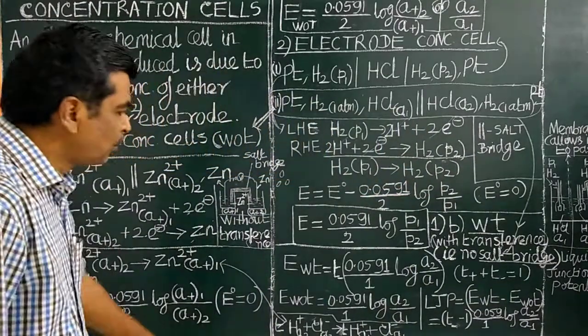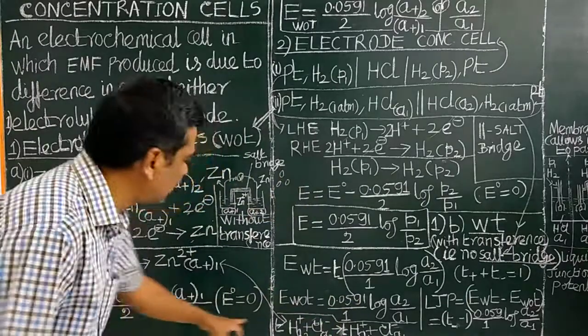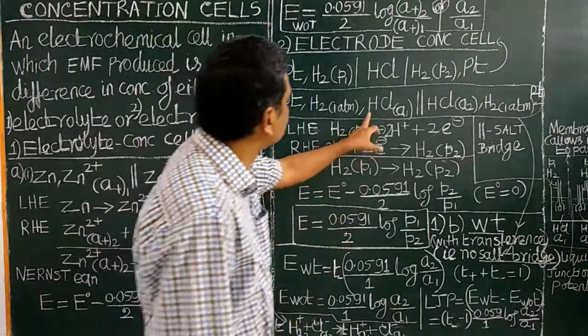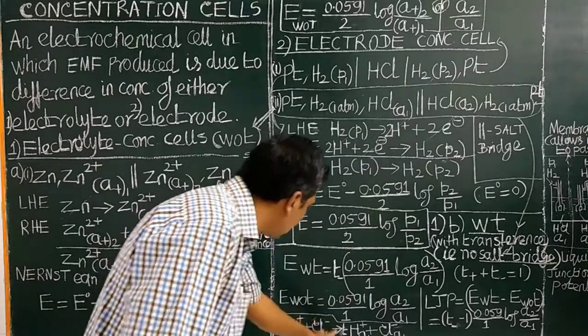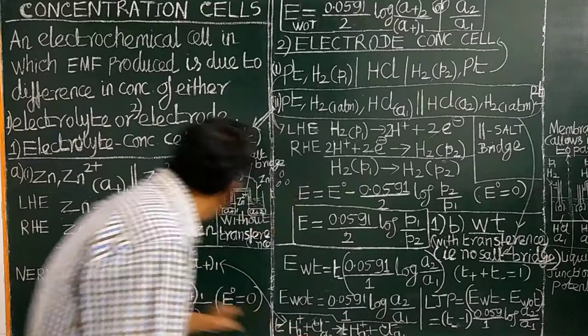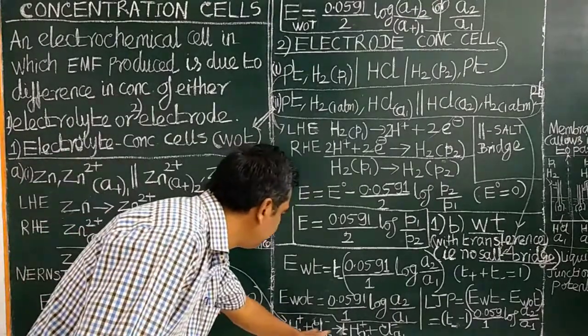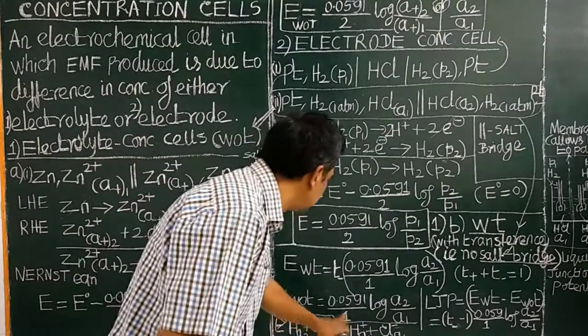So this is without transference. In this case H plus, transference of HCl from here; H plus same activity, and T transference, because here there is no transference, here there is transference.